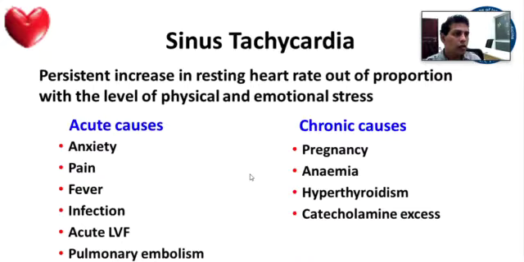Sometimes people develop sudden sinus tachycardia due to anxiety, pain, fever, various infections, acute LVF, pulmonary embolism, and hypovolemia. Chronic or ongoing causes are pregnancy, anemia, thyrotoxicosis, as well as hypokalemic excess.